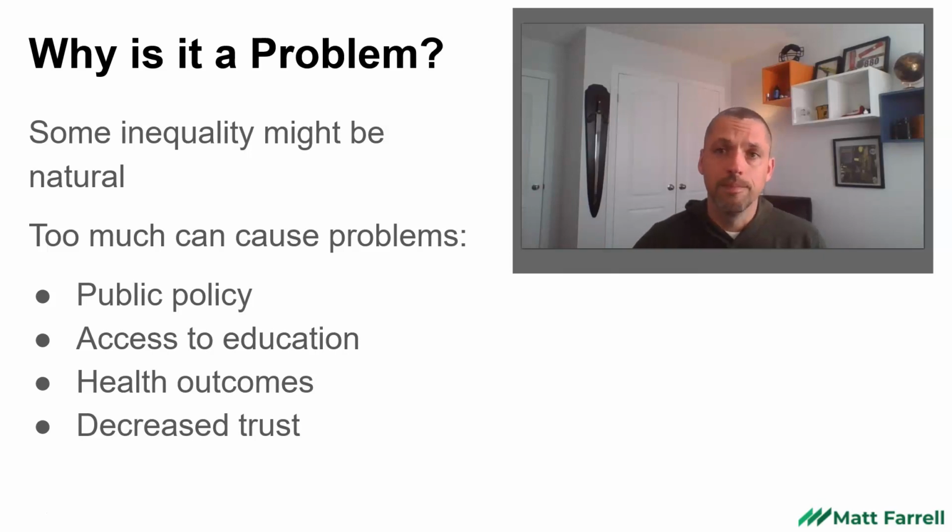Might be difficult. Also, access to education. If education helps prepare us for success in the workplace and it helps us generate wealth, then income inequality can really make that difficult. It can make access to education challenging for people that are at the lower end of that income distribution. It can also lead to unequal health outcomes.